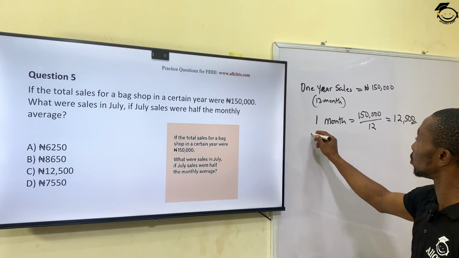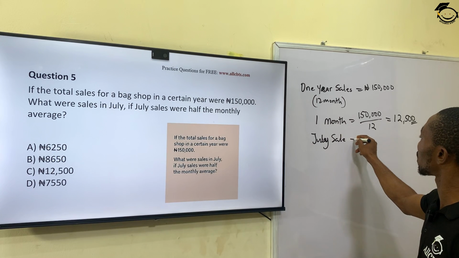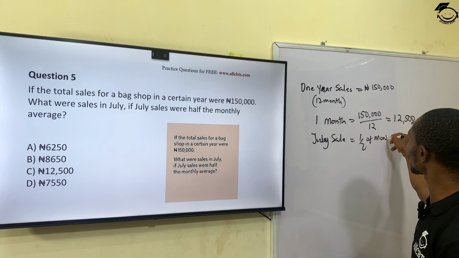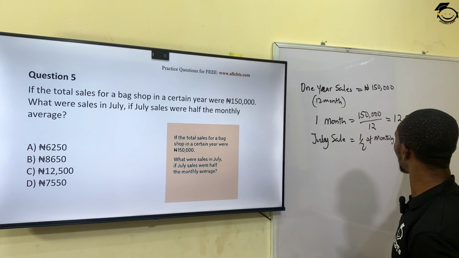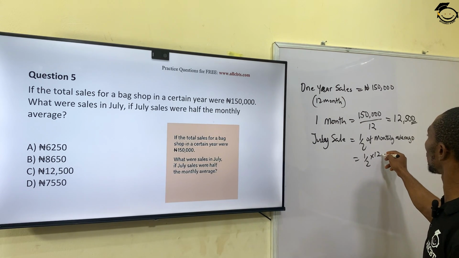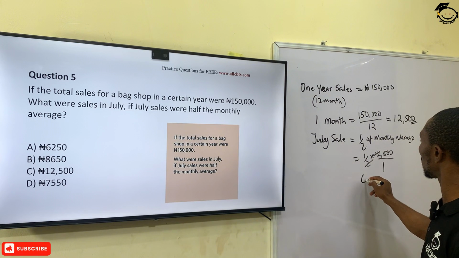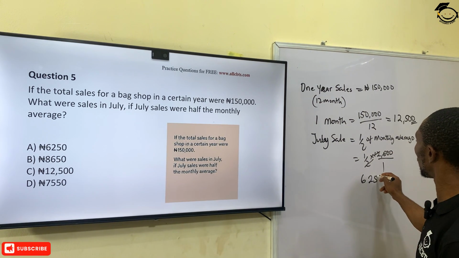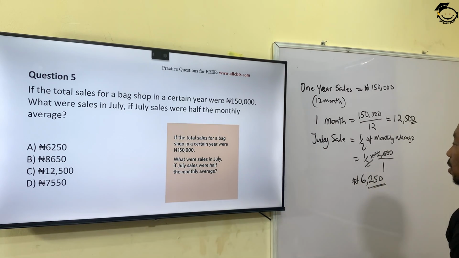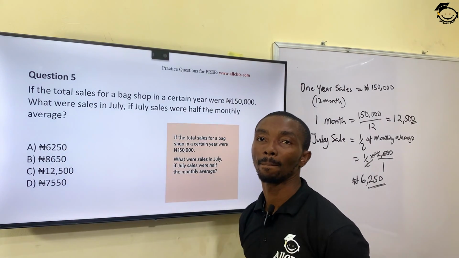So for July sales, which is half of our monthly average, we have half times 12,500 over 1. So this will give us 6,250. So for July, he made 6,250 naira, which is option A.